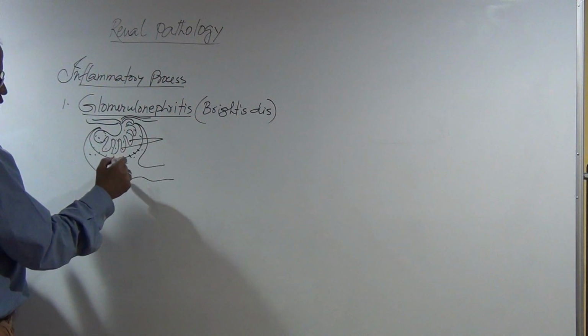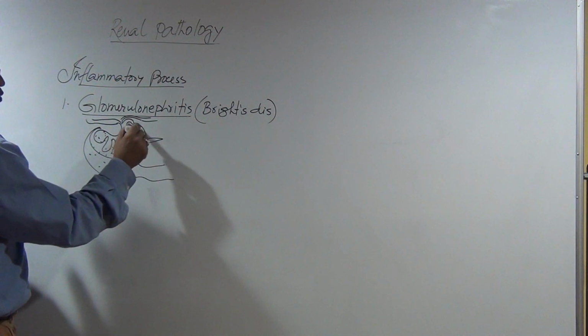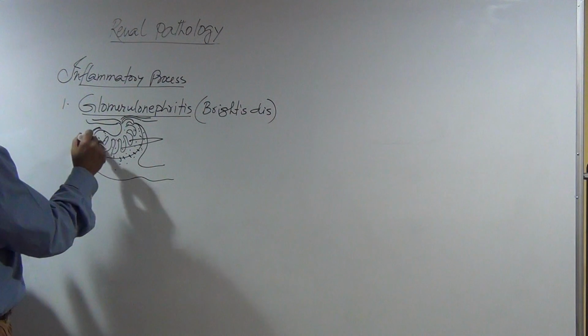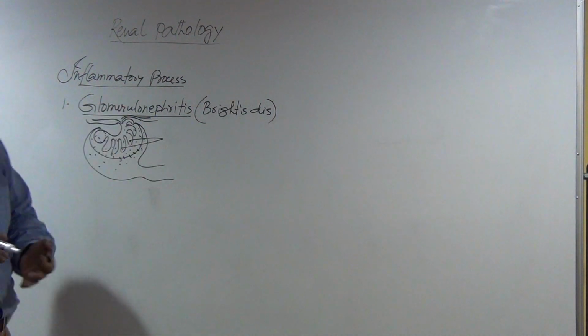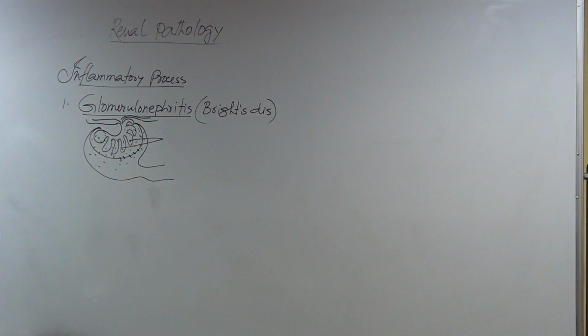These are two capsules, and in between there is a space. It is inflamed. And who has this glomerulonephritis more commonly? Infants, I mean the children.